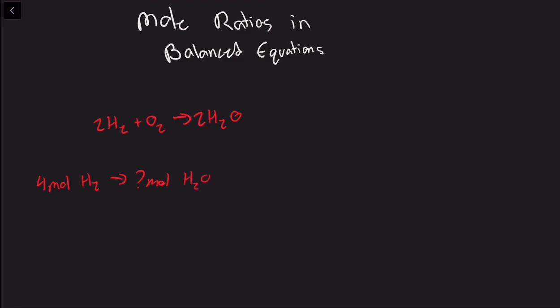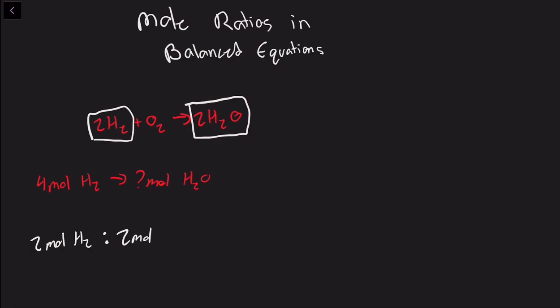So if we look at our balanced chemical equation, 2 moles of H2 will give us 2 moles of H2O. We can form a ratio with this. So we can say for every 2 moles of H2, we get 2 moles of H2O. A 2-to-2 ratio or a 1-to-1 ratio if we simplify it.